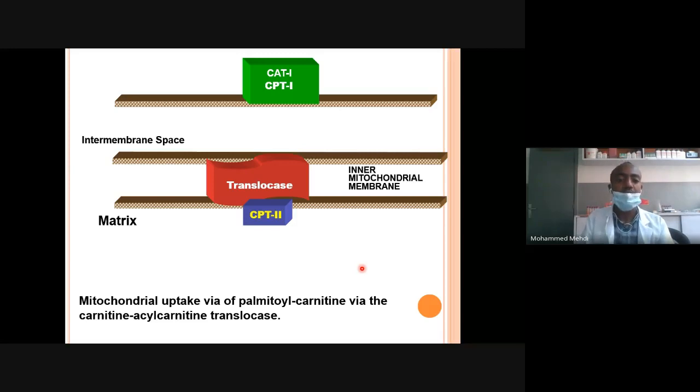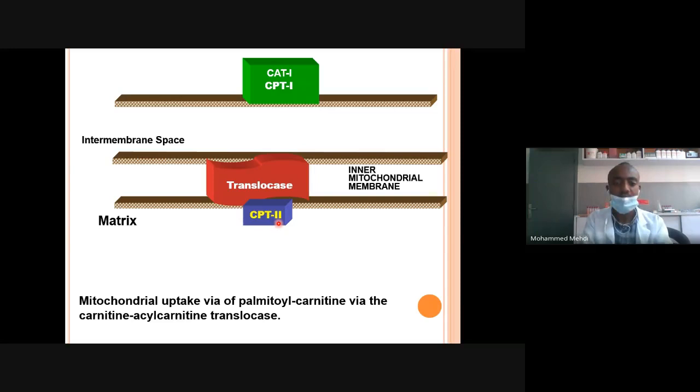On the second membrane, the inner mitochondrial membrane, we re-add coenzyme A on the acyl group. We have the second enzyme, carnitine acyl transferase 2. Carnitine acyl transferase 2 adds coenzyme A by removing carnitine.